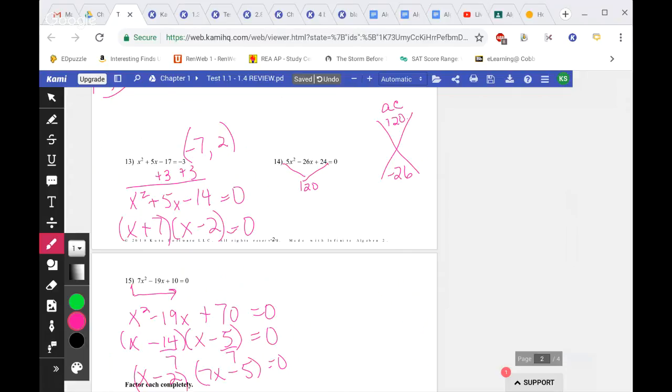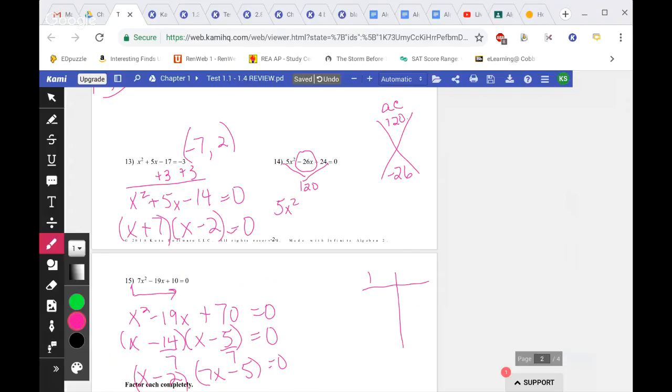Yes. Yeah. So then we have 5x squared. And then we're looking for two things that multiply together to give you a positive 120 that when you combine them give you a negative 26. So good times.